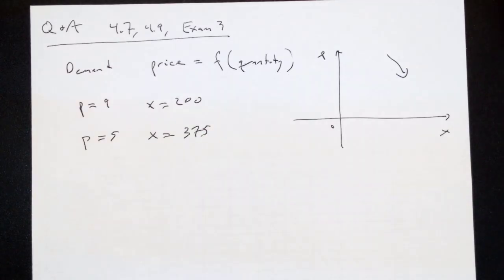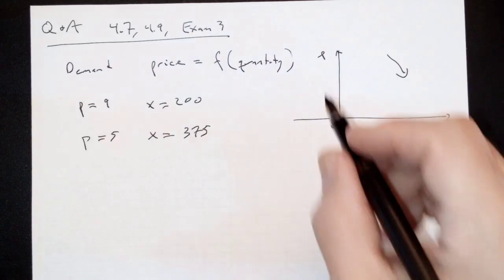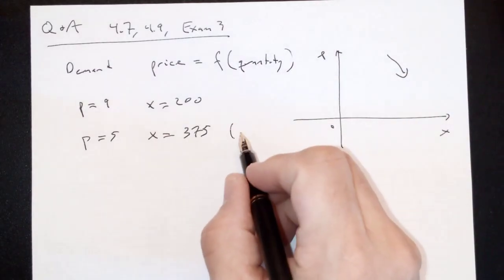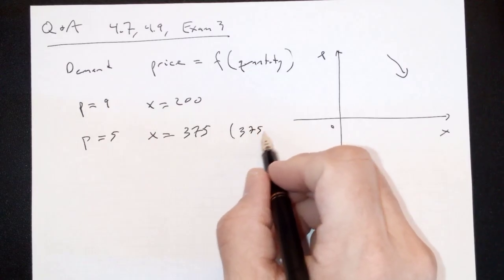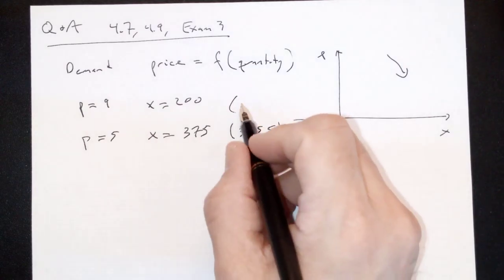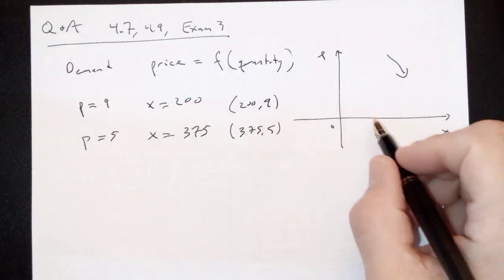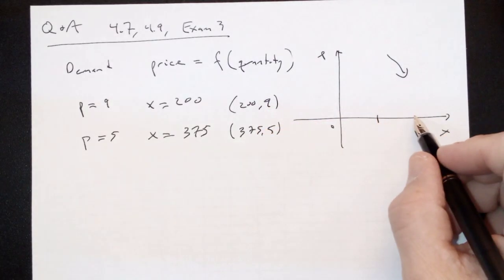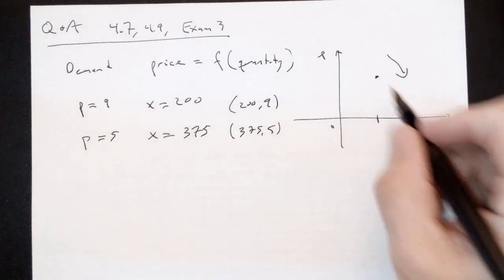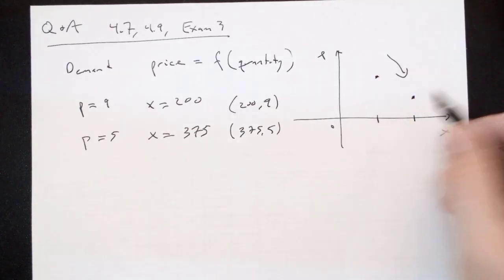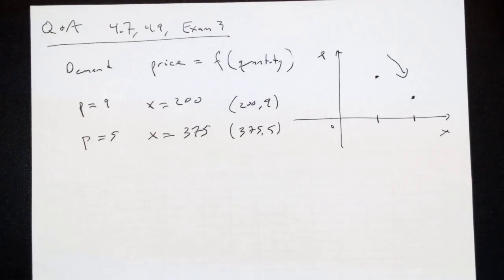I can create a straight line equation, right? All you have to do is draw the line between those 2 points. And that's a demand function.